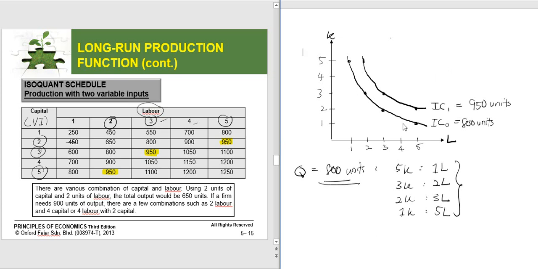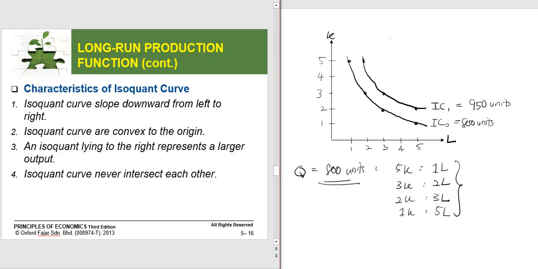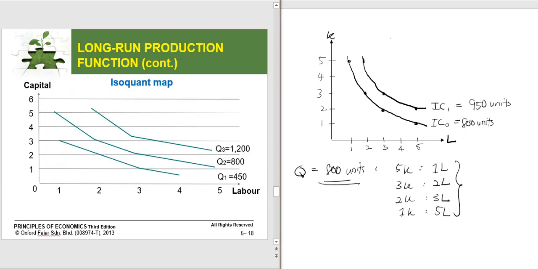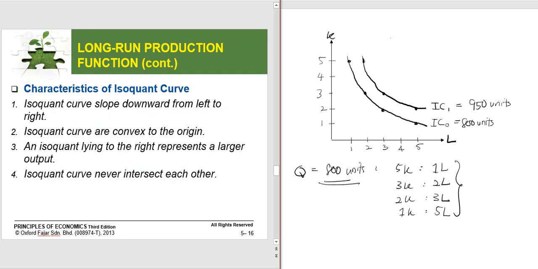Alright, so when you have various levels of isoquant curve in one graph, you will have what we call an isoquant map. Okay, we will see that later on. First we are going to look at the characteristics of isoquant curve. If you look at the characteristics here, you can notice that they are actually the same as the characteristics of indifference curve, which slopes downward from left to right, negative slope from left to right.